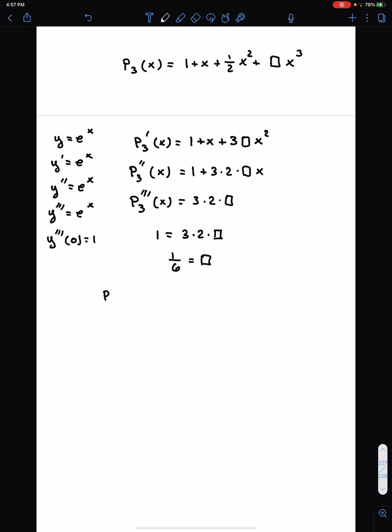So now the third degree polynomial, p3 of x, can be written as 1 plus x plus 1/2 x squared plus 1/6 x cubed. And if you graph this function, as I move further and further away from the point of tangency for the polynomial of degree 1, you're going to see that the function lies directly on top of y equals e to the x.